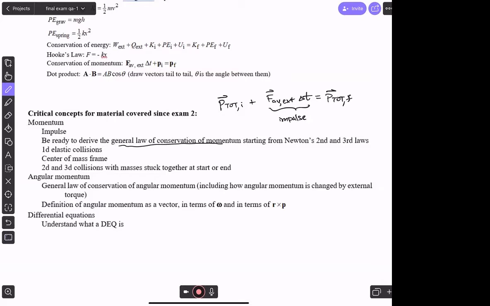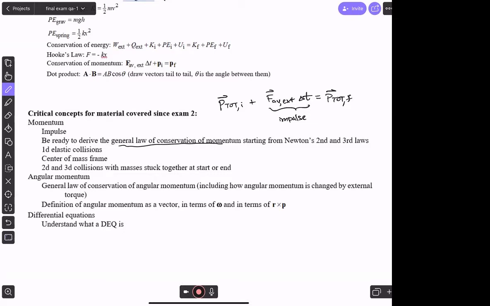That's the main answer to your question. We can also use the idea of impulse, for example, to solve for the average external force if we know what the change in momentum is and if we know the time of interaction. But more often we're using it to determine a change in the momentum of the system.